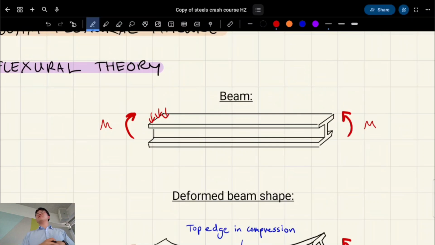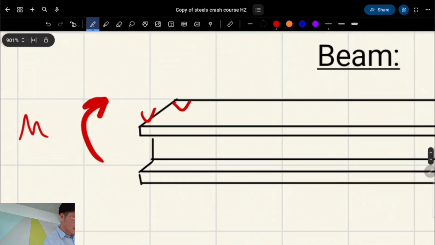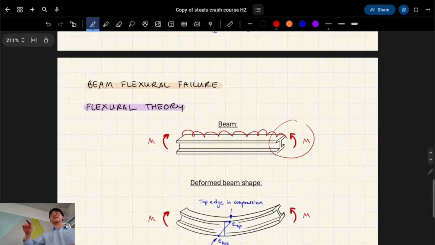Now, usually flexure isn't two perfect moments on the sides. Usually flexure is a result of shear forces, right? There are uniformly distributed loads and so on, and that induces a bending moment on your beam, right? And so the rules for buckling are a little bit different, okay?